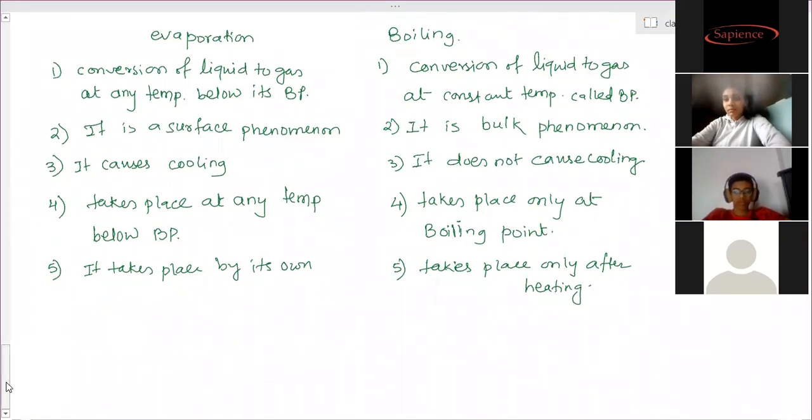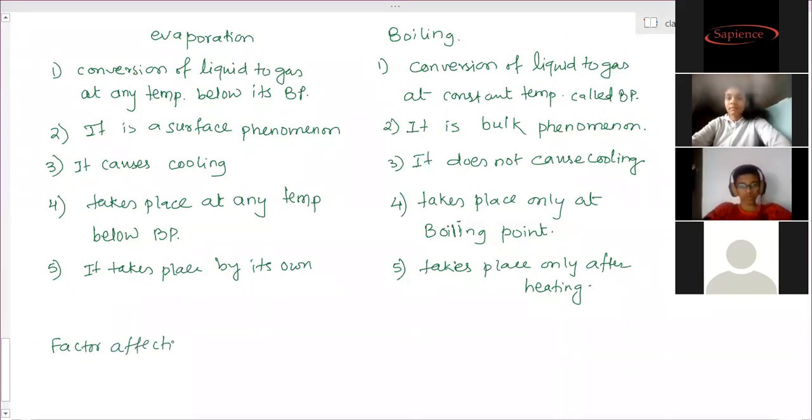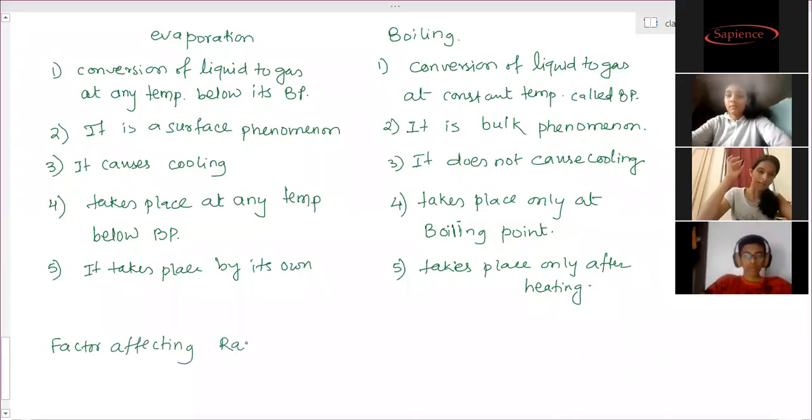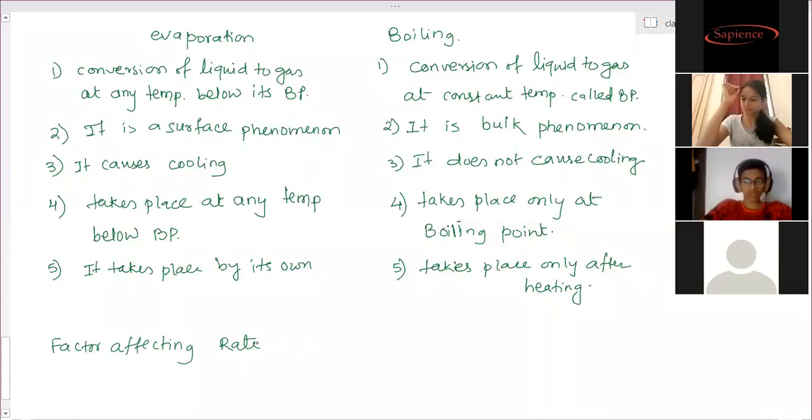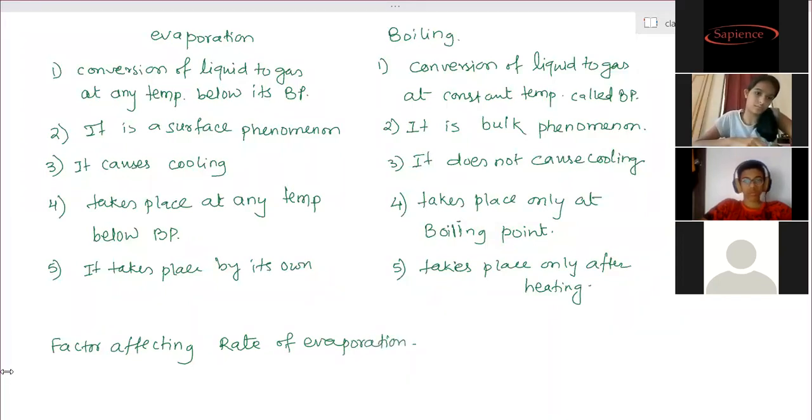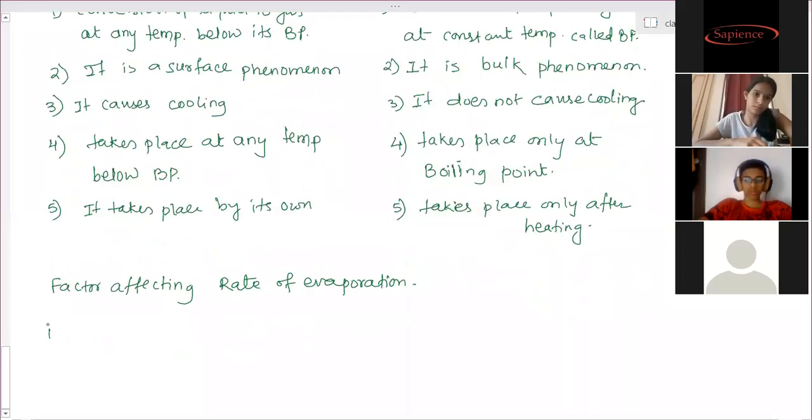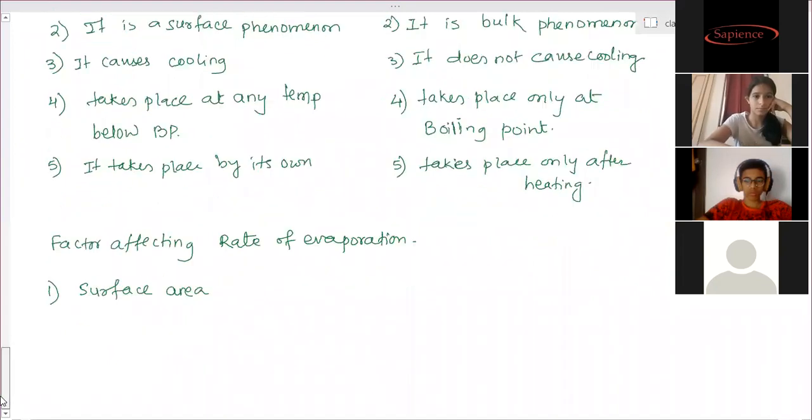The factors affecting rate of evaporation: temperature, humidity, surface area, speed of wind. So first one is surface area.